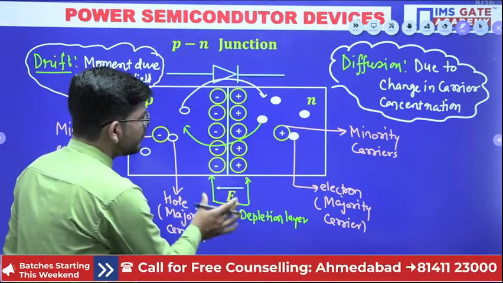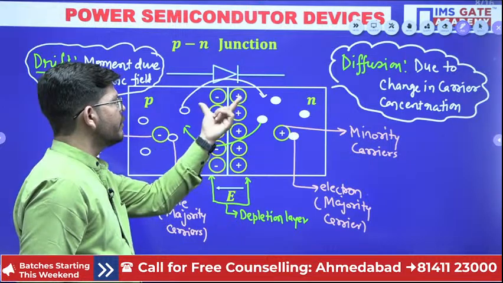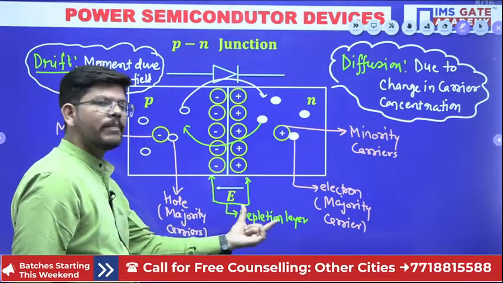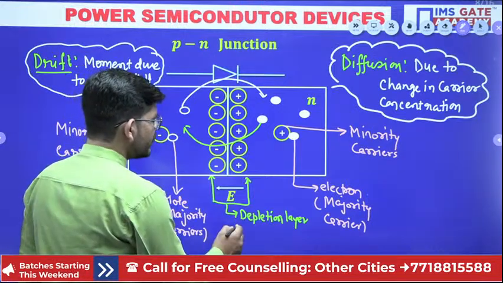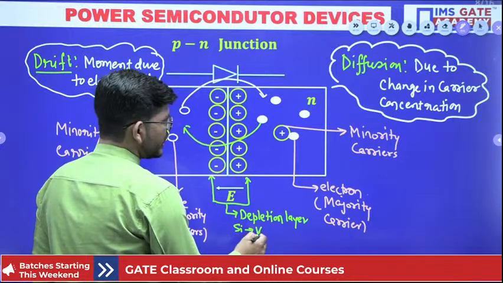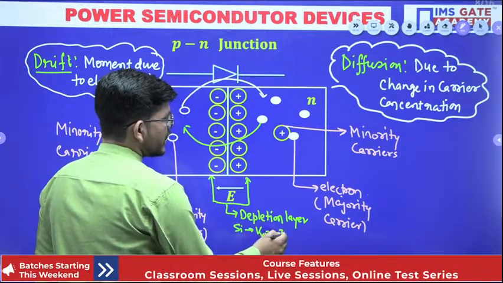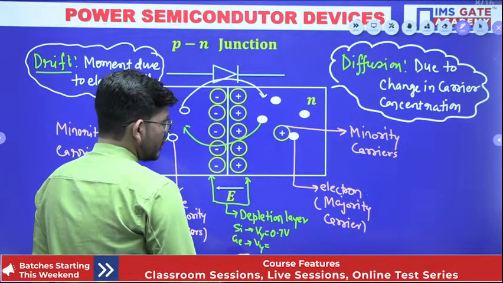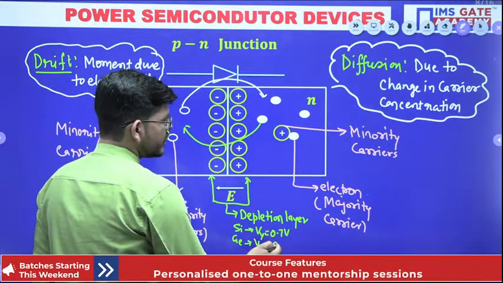What do we mean by depletion layer? There is a space charge region of immobile charges that forms a depletion layer. For silicon, the potential of this depletion layer is 0.7 volt, and for germanium it is around 0.3 volt.